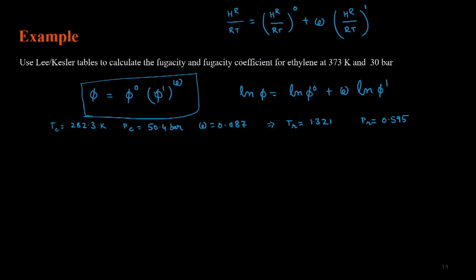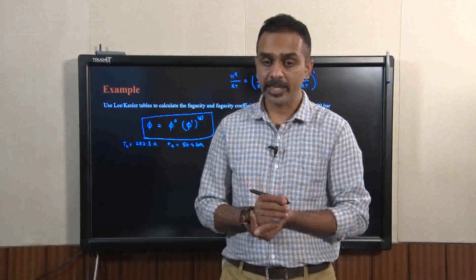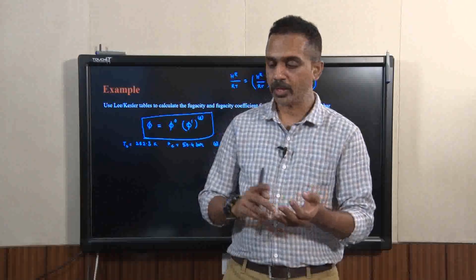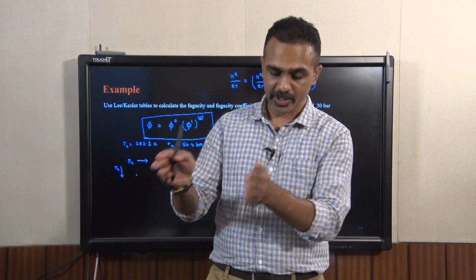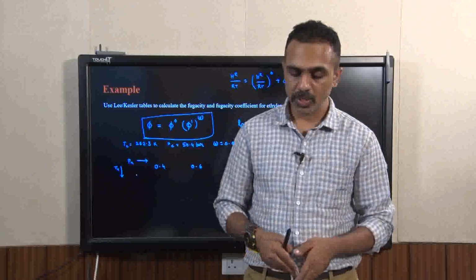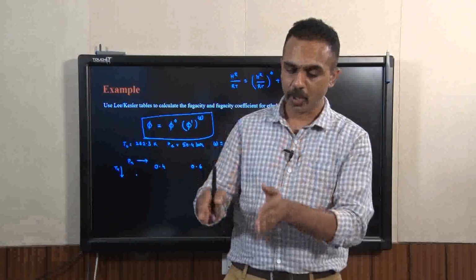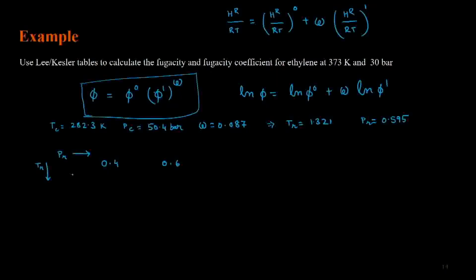And at these conditions, we are interested in looking up the Lee-Kessler tables for a value of phi naught and for phi 1. As usual, Lee-Kessler tables are listed at discrete steps. In the ones I have used, the reduced pressure is listed at 0.4 and 0.6. For reduced temperature, it's listed at 1.3 and 1.4. What we're interested in is something in between, 1.321 and 0.595, right?